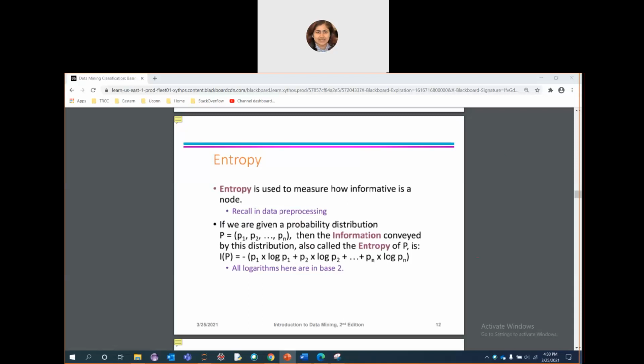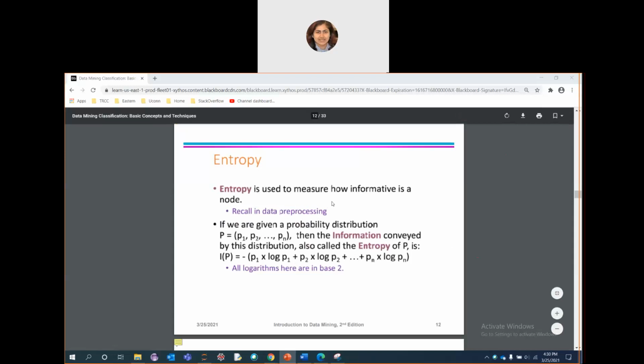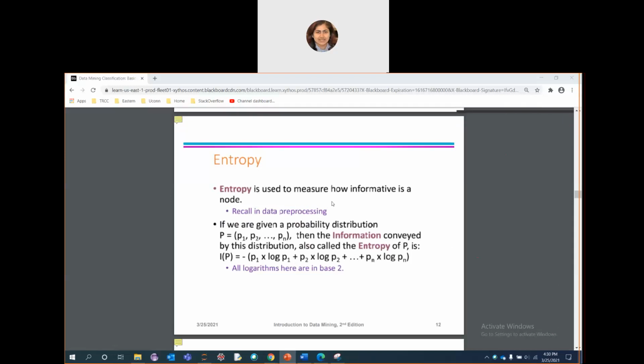Here, it is also helpful to measure how much information is provided by a given node. If we are given a distribution, suppose P1, P2, up to Pn, these are different probabilities, and from these probabilities, the information that we gain from the distribution is called the entropy of P. It is calculated like this.